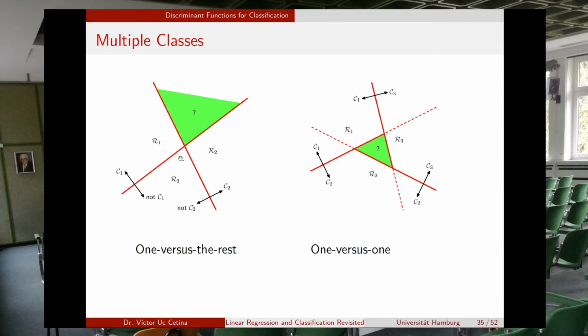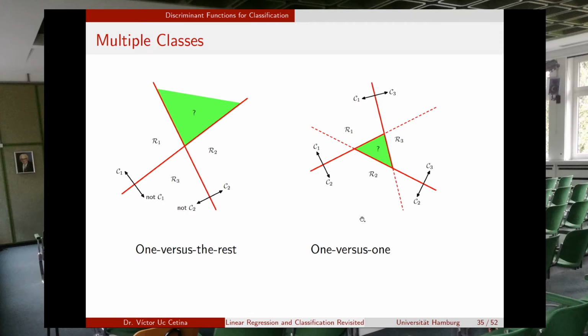But if you evaluate it in another classifier, it will tell you that it belongs to class 2. So you don't know if you should assign class 1 or class 2 to this region. And the same happens if you apply the one versus one approach. It is very easy to show like this that you can get regions in which you don't know if it should be class 1, class 2, or even class 3.